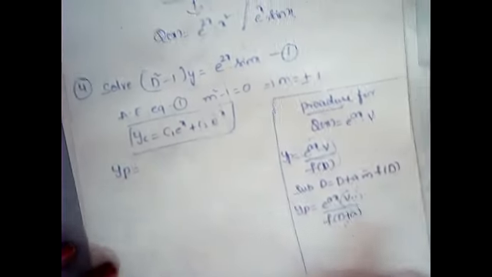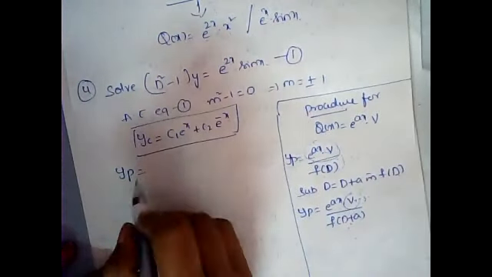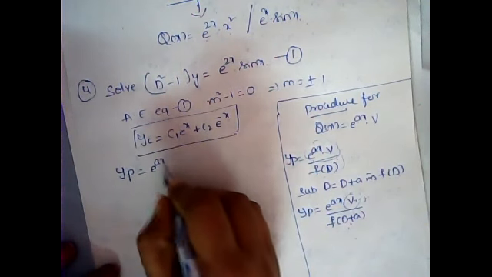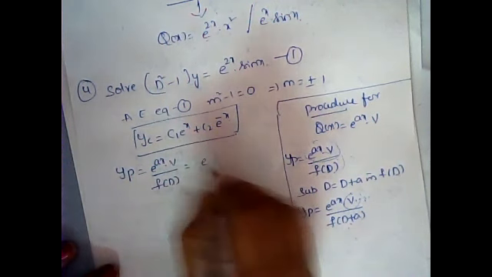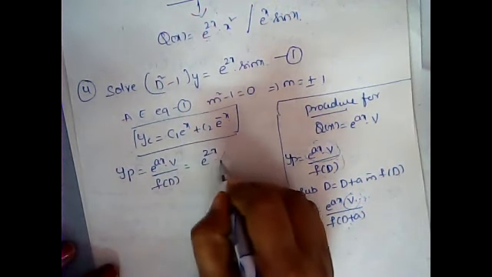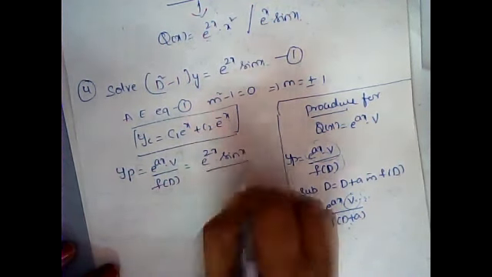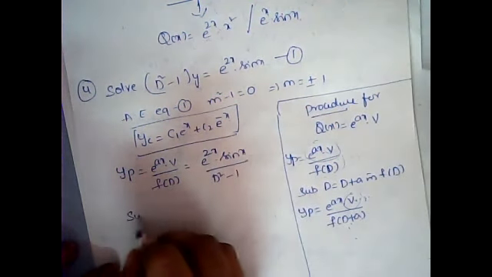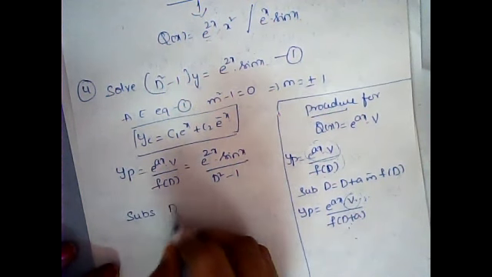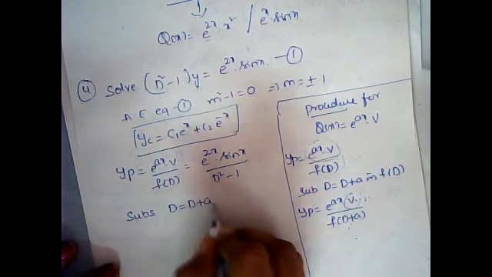So yp equals e power ax into v by f of D. What is e power ax? It was given: e power 2x into sin x by D square minus 1. We need to substitute D equals D plus a.